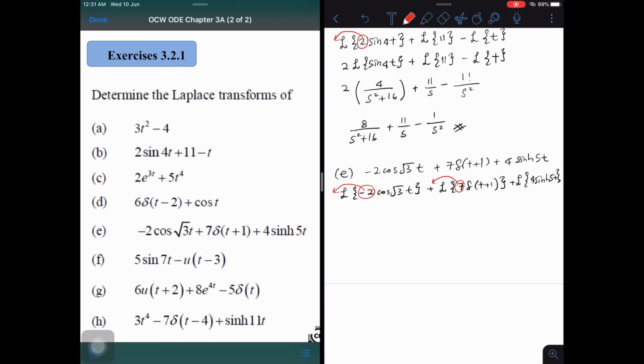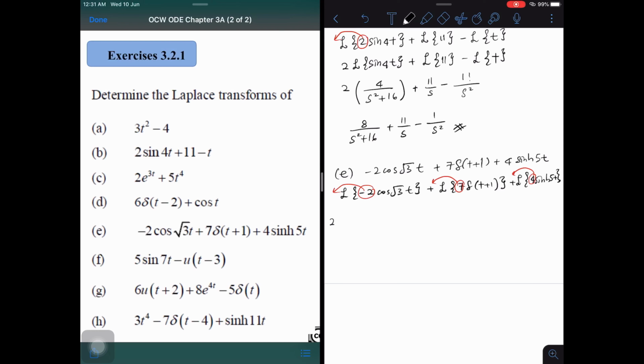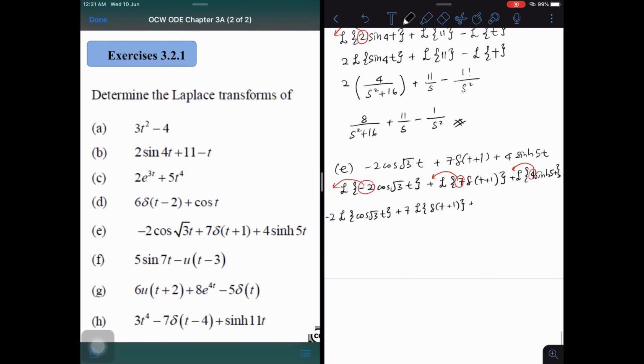You have 3 constants here. What you will have is negative 2 times the Laplace transformation of cos root 3t, plus 7 times the Laplace transformation of delta t plus 1, plus 4 times the Laplace transformation of sine hyperbolic 5t.